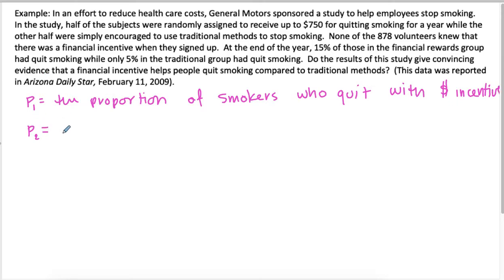And the second group we have, and again, p, always start with the proportion. Mu, always start with the mean. So I'm going to still repeat that. This is the proportion of smokers who quit with traditional methods.